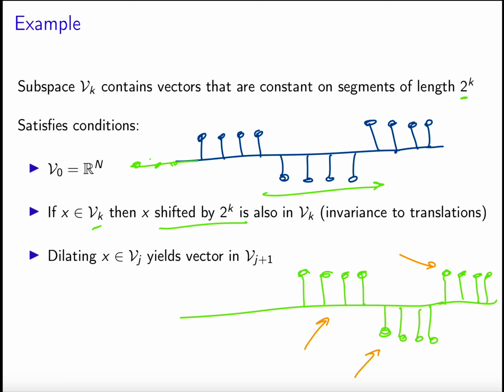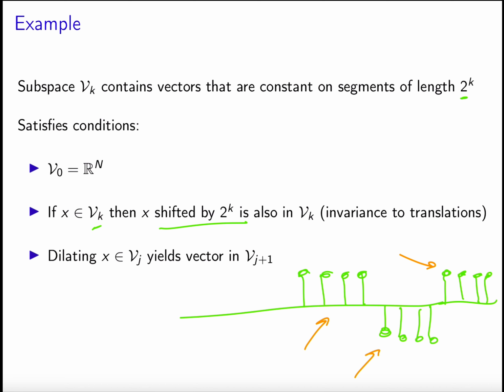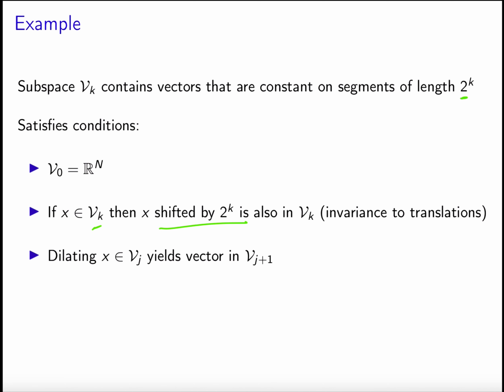Now, let's think about the third property, which is that if we have a vector that is in Vj, if we dilate it, then we end up with a vector in Vj plus 1. So let's think of just a vector that is in V0. Okay, so it's constant on intervals of length 1, which is a bit silly again because it's just any vector.